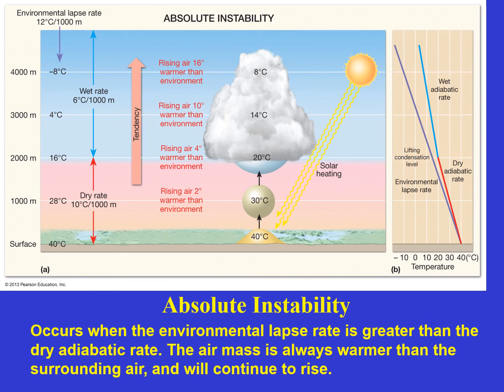Remember that this environmental lapse rate can vary. In this scenario, it's 12 degrees Celsius per 1,000 meters. So as that moist air mass in the middle keeps on rising and having more and more condensation, releasing more latent heat energy, that air mass continues to be warmer than the surrounding air, so it's going to keep on rising, and it can build a cumulonimbus cloud and lead to a thunderstorm.